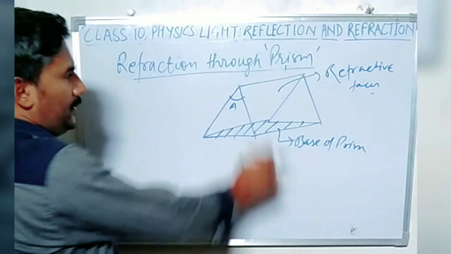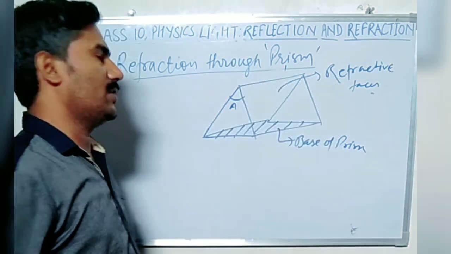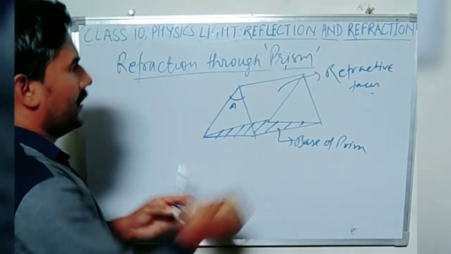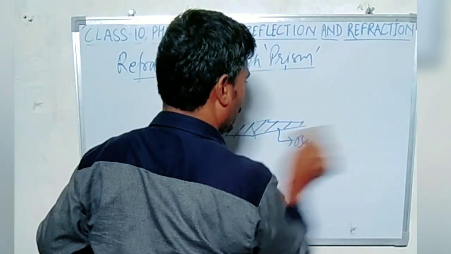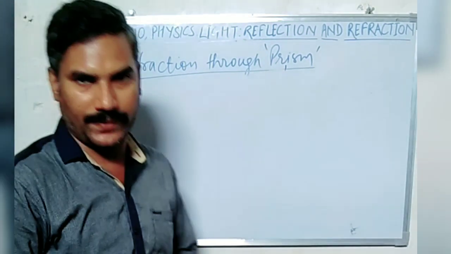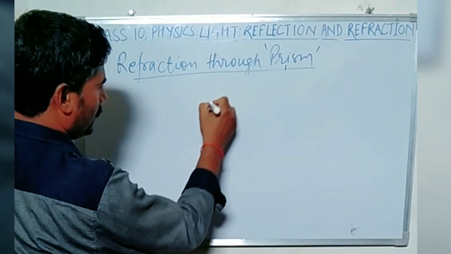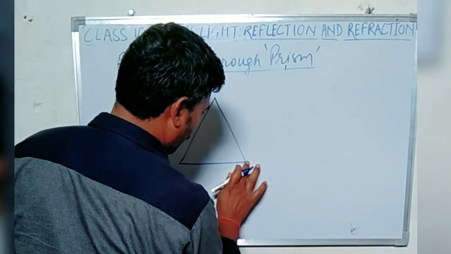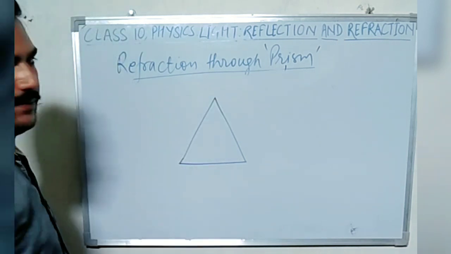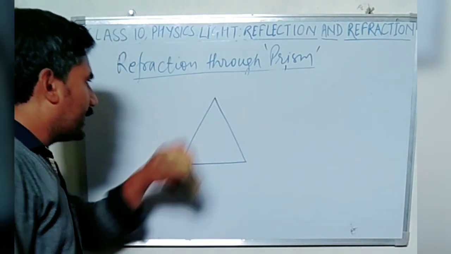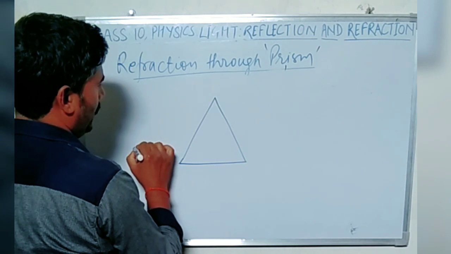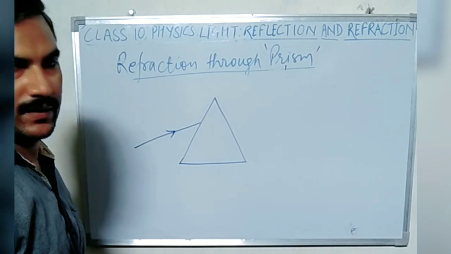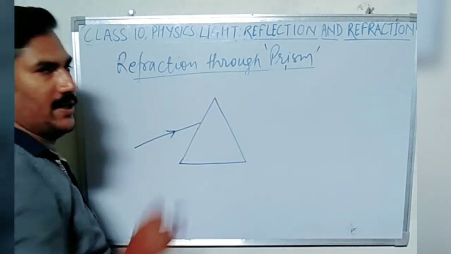Okay. And the light ray strikes on these refractive surfaces, and then we calculate an experiment related to the prism. For practical purpose and experiment purpose, we always put the prism and make the diagram of the prism like this only, and from here there is an incident ray which falls on the surface of this prism.